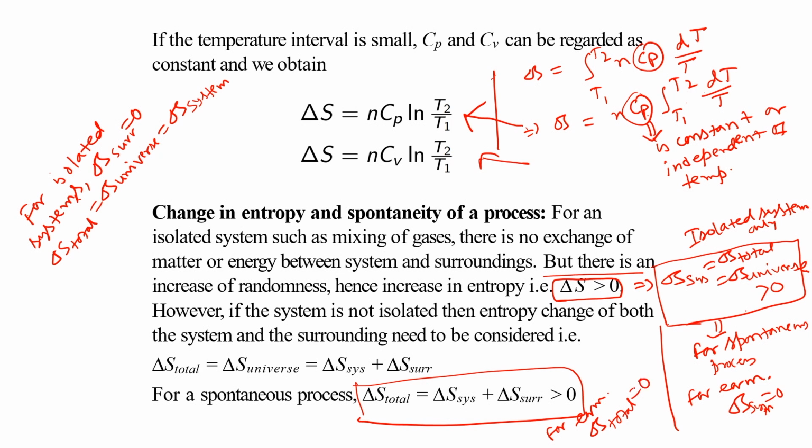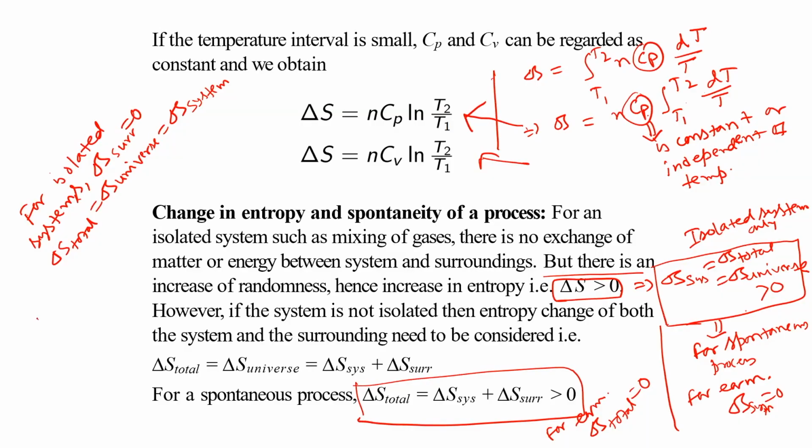So what it says is that for every spontaneous process, entropy increases. Delta S greater than 0 means that from the initial state you go to the final state, and entropy increases. If we plot absolute entropy versus time, in a schematic diagram only, you start from here, this is your initial state, and then you keep on increasing, and when it reaches equilibrium, there is no change in entropy.